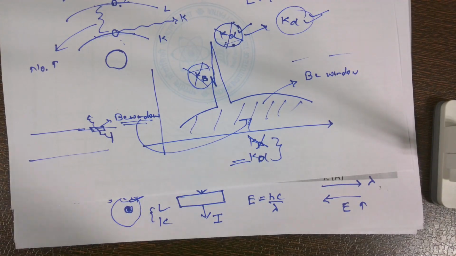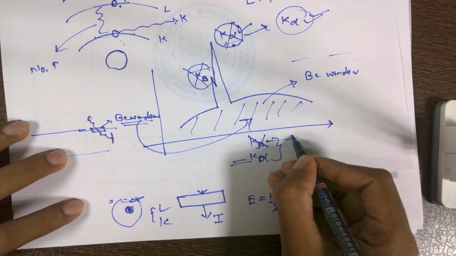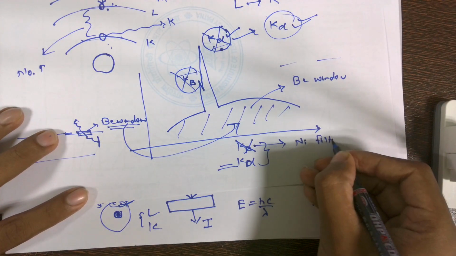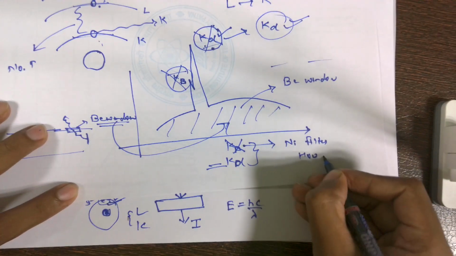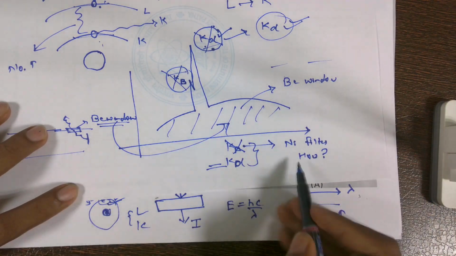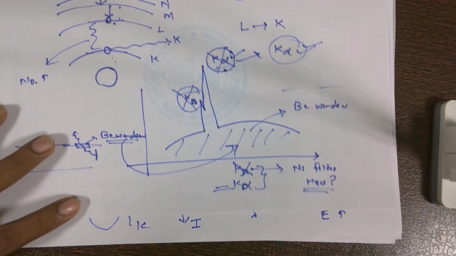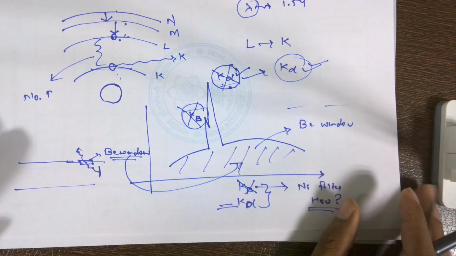So we will eliminate K beta with a nickel filter. How it is done is something we are going to discuss in the upcoming slide which I have prepared. So this is the entire thing.